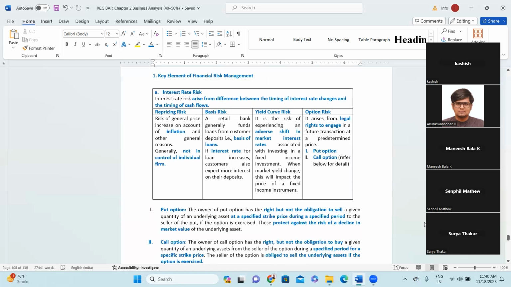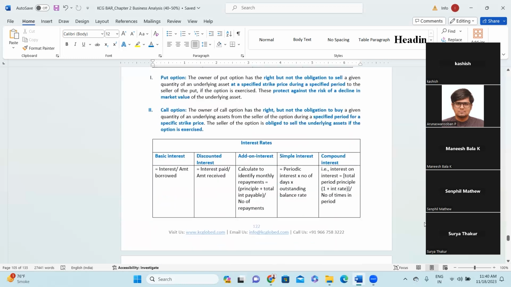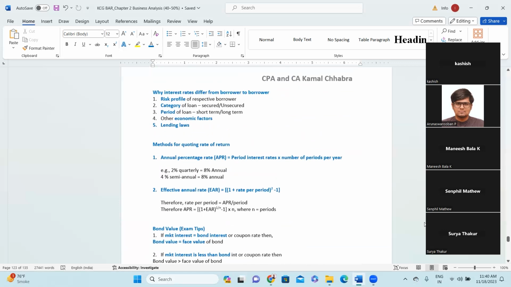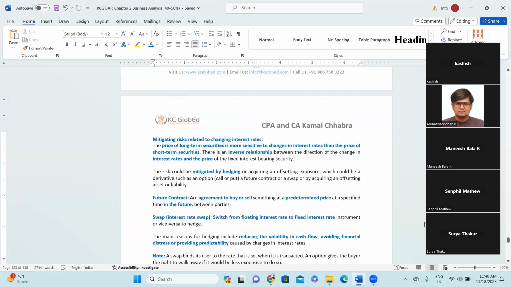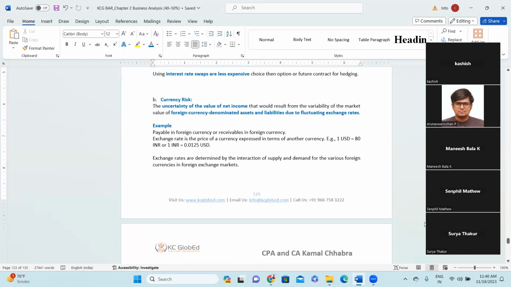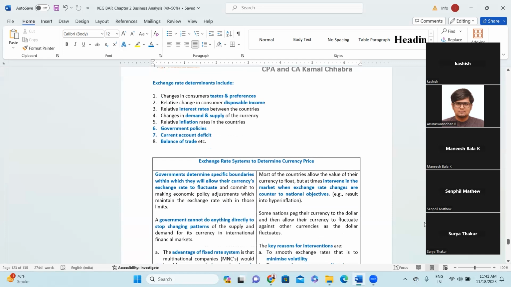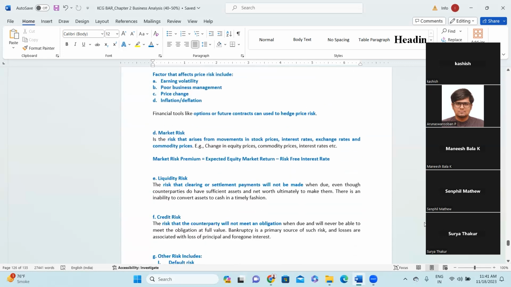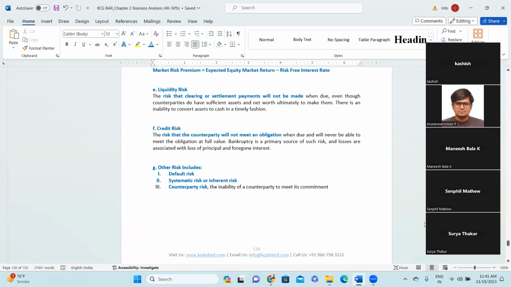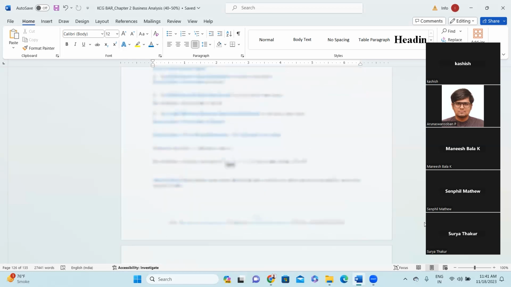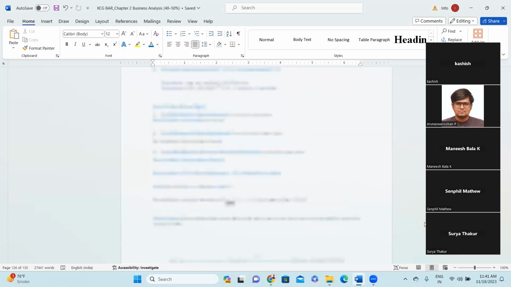The first point is interest rate risk. Second is currency risk. Then we'll be discussing price risk, market risk, liquidity risk, credit risk, and other risks, right? And then we do certain practice questions. So we will be covering all these things as we go.